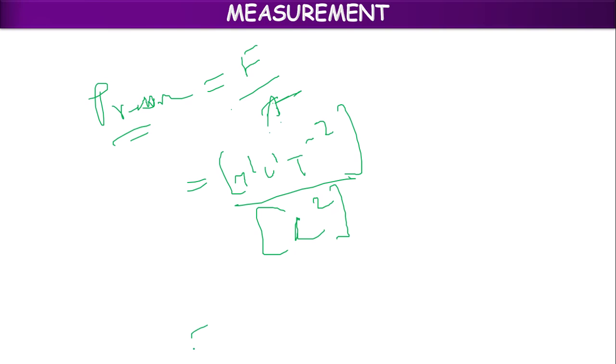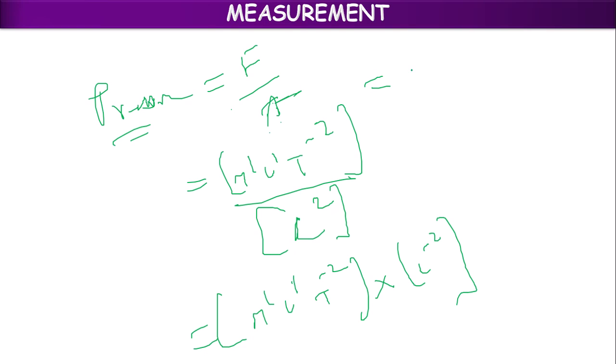So M1 L1 T minus 2 into L square goes upside, L power minus 2. If we combine these two, M1, 1 minus 2 means minus 1: L minus 1 T minus 2. This is the dimensional formula of pressure.